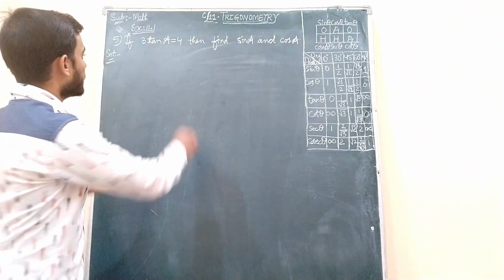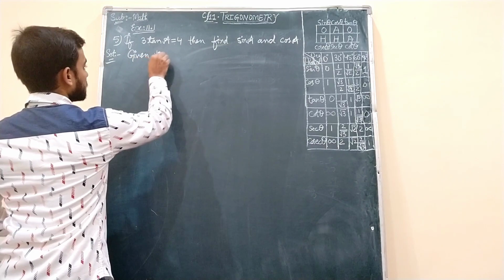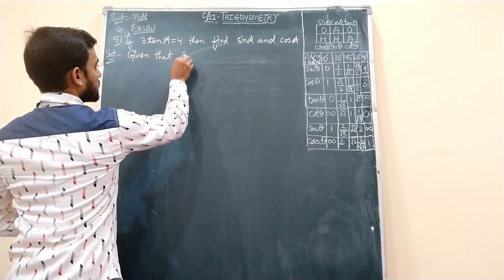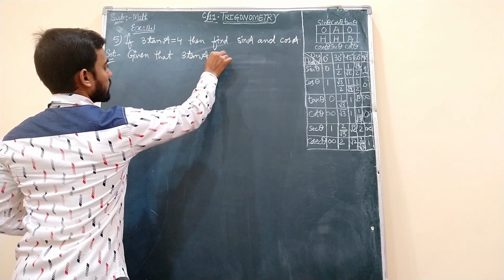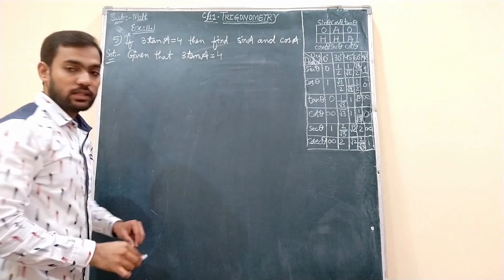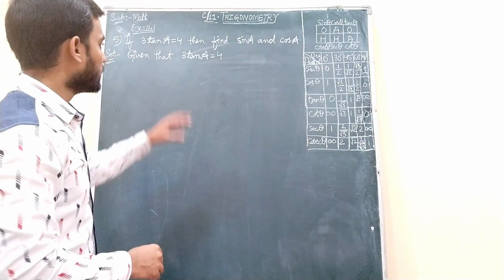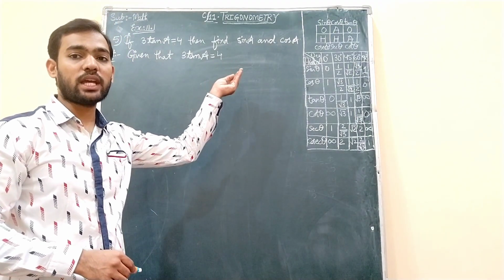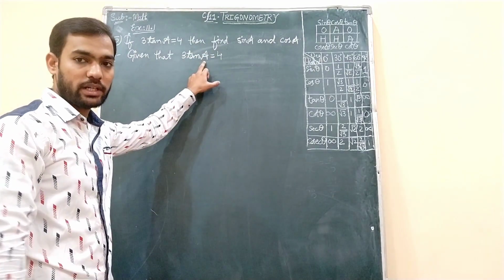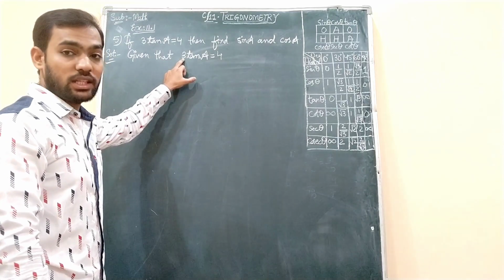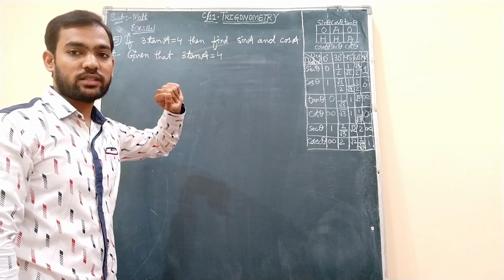Okay. So first I will write this given. Given that 3 tan A equals 4. See students, always remember that whenever these types of things are given, there should not be any number before the trigonometric ratio. But here, this is your trigonometric ratio tan A and before this 3 is given. So this 3 you need to transpose towards the right hand side.